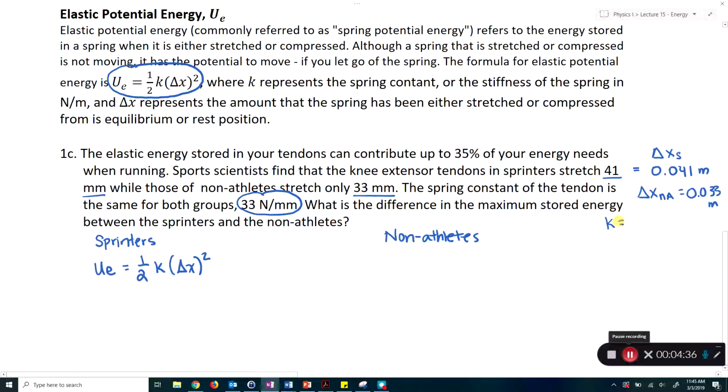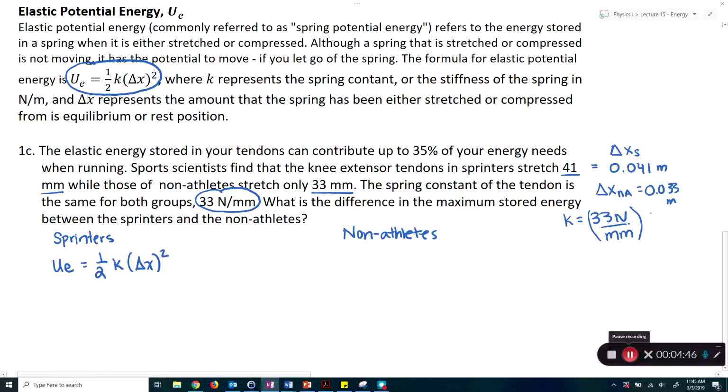So k is equal to 33 newtons per millimeter, but we want it to be in SI units, which would be newtons per meter. So we've got to get rid of millimeters, so we'll put it on top and change it into meters. And 1,000 millimeters is the same as 1 meter. So the millimeters cancel off, and we get 33 times 1,000, 33,000 newtons per meter.